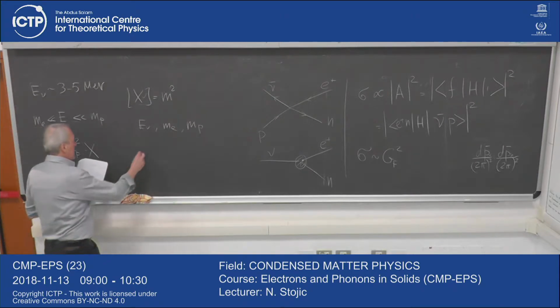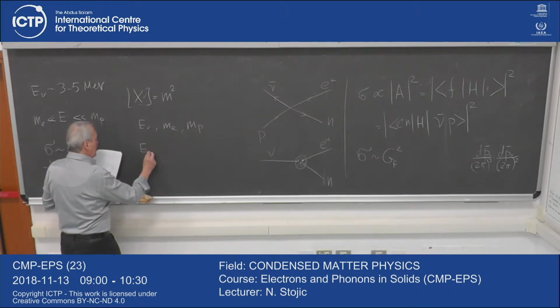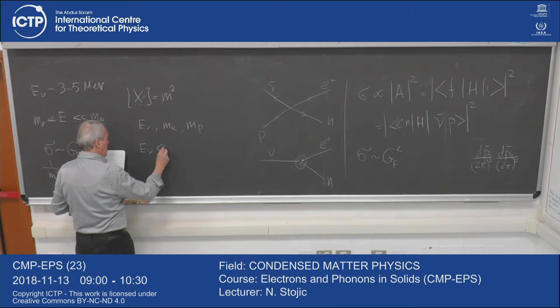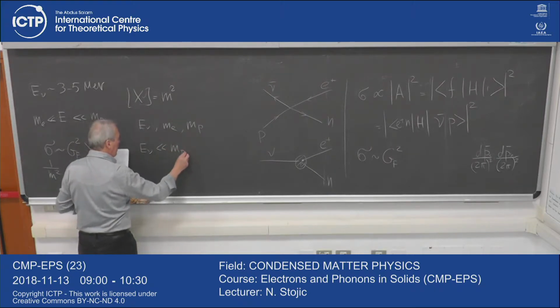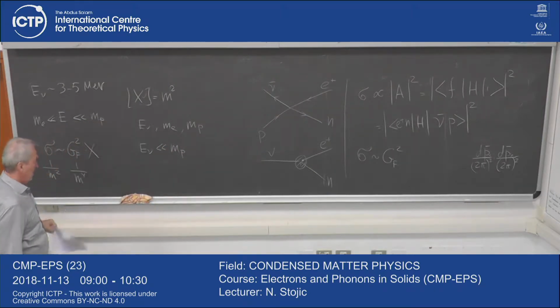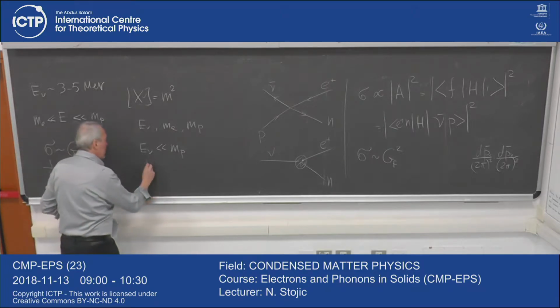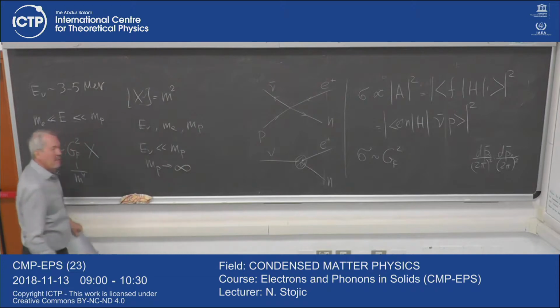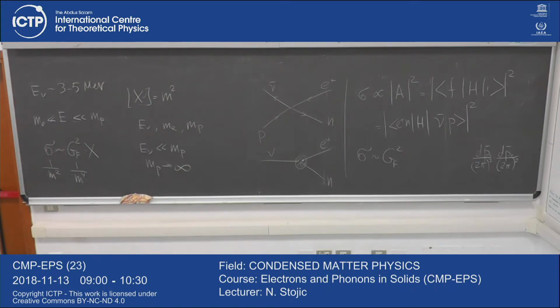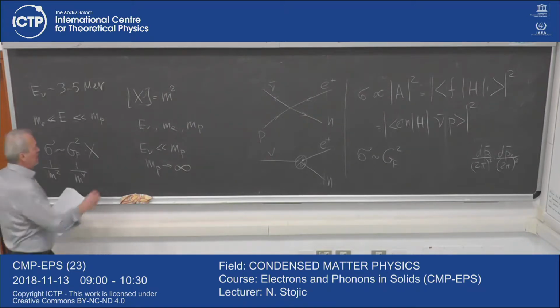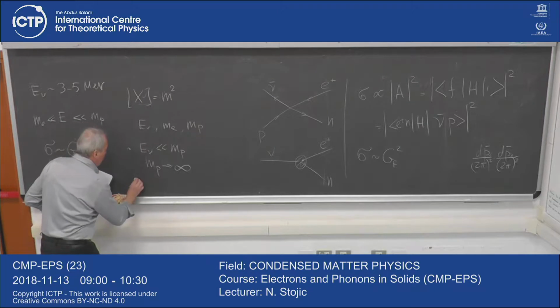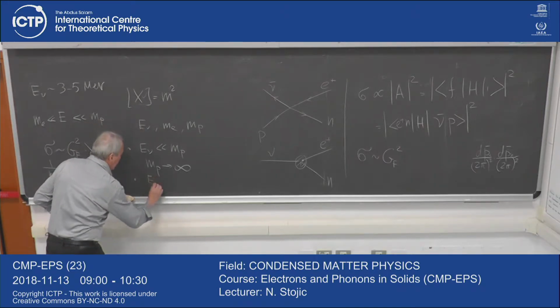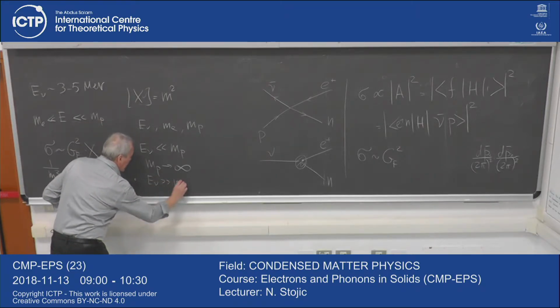Now, since the energy of the neutrino is much smaller than the mass of the proton, in the first approximation we can use an infinite limit for the mass of the proton. Which means that this mass should not enter this M. On the other hand, the energy of a neutrino is much bigger than the mass of the electron.